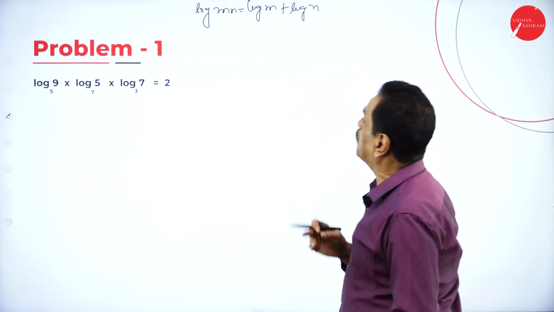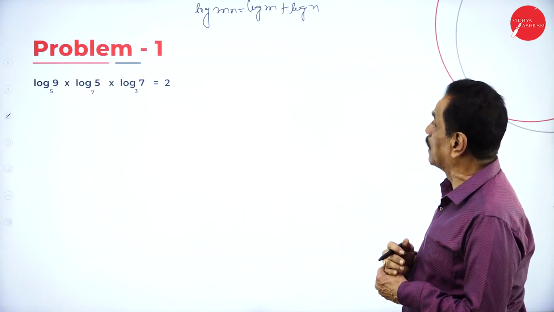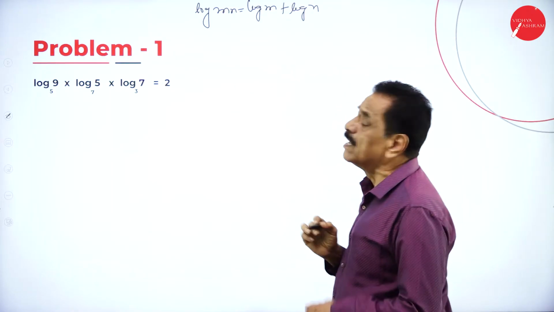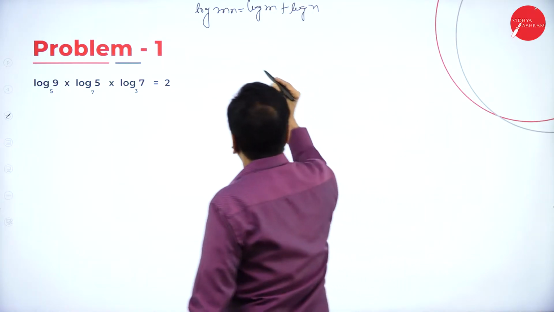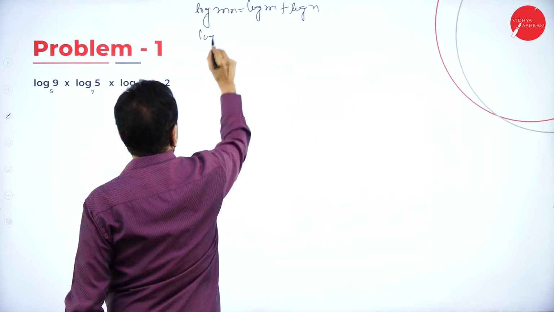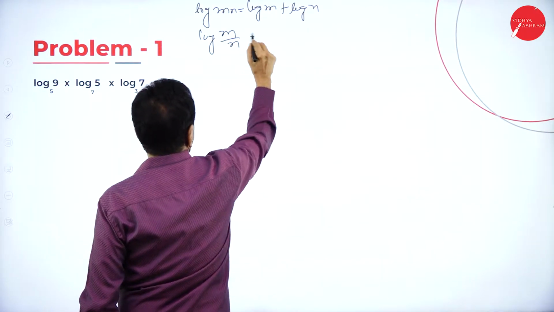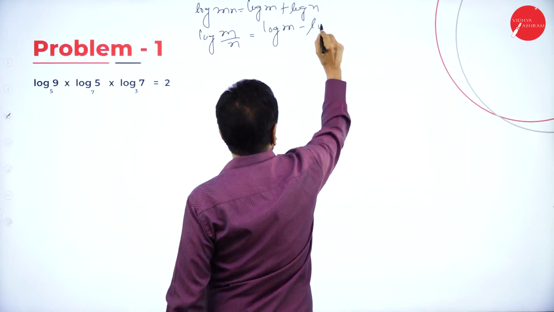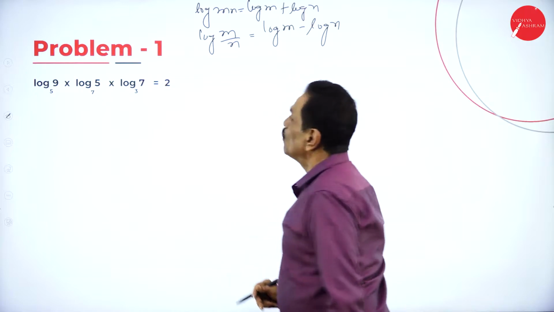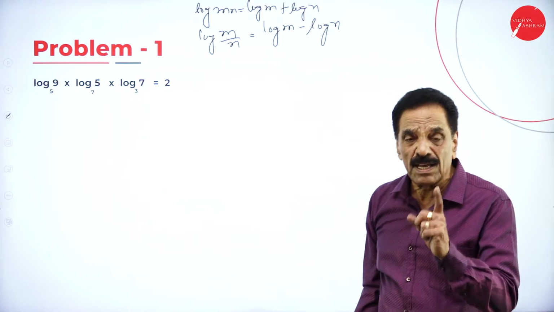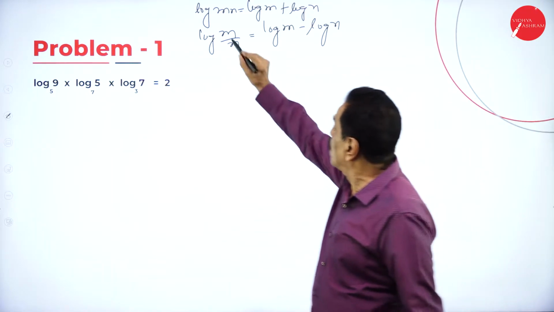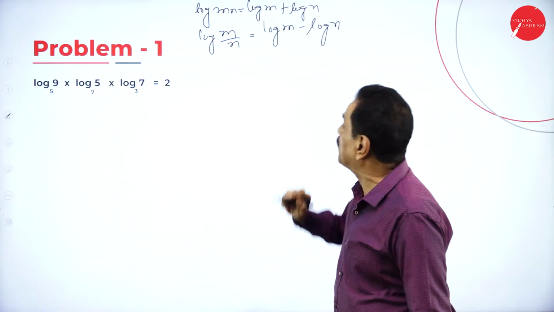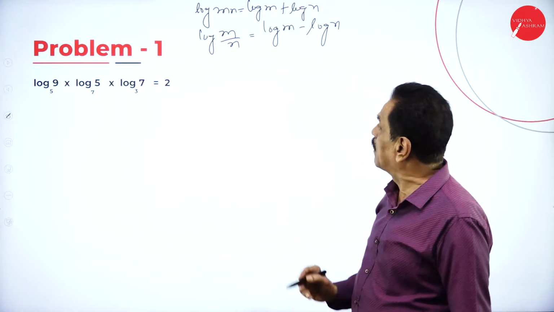Log mn can be written as log m plus log n, or log m plus log n can be written as log mn. Then log m divided by n can be written as log m minus log n. So division means minus, minus means division.